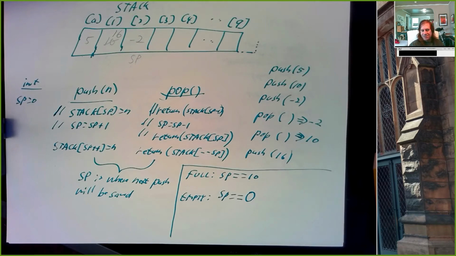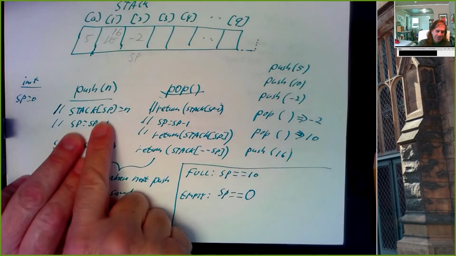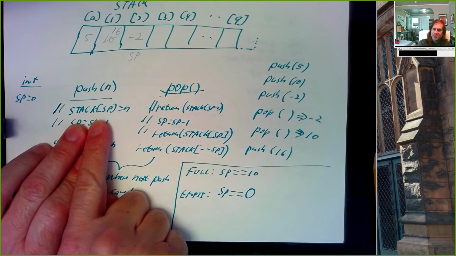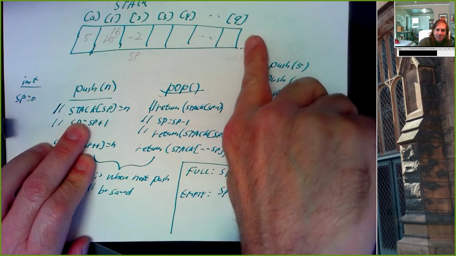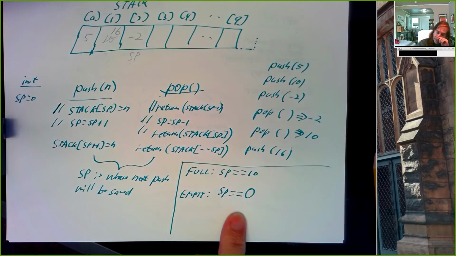And you can kind of check these conditions to see if these would cause an error. If our stack is full, a push should cause an error. Well, if SP is 10 and we push, we're going to try to save n at element 10 of our array, and that doesn't exist. If our stack is empty, a pop should give an error.